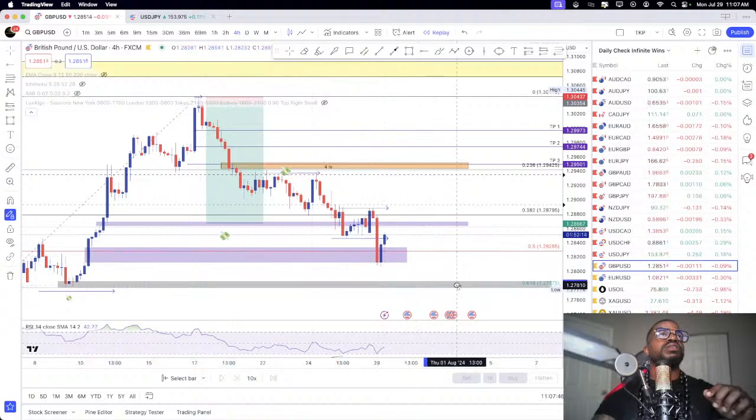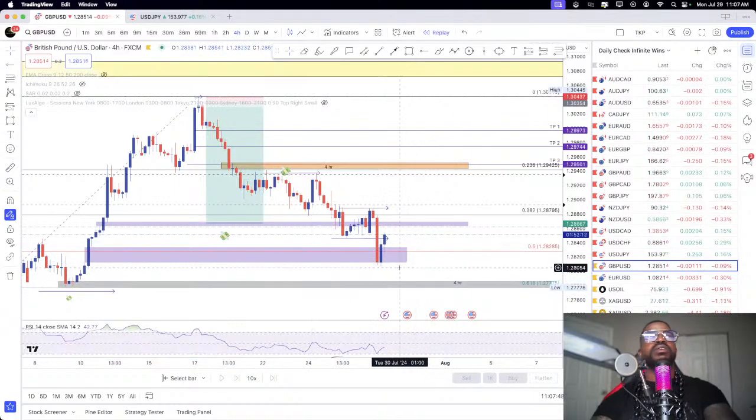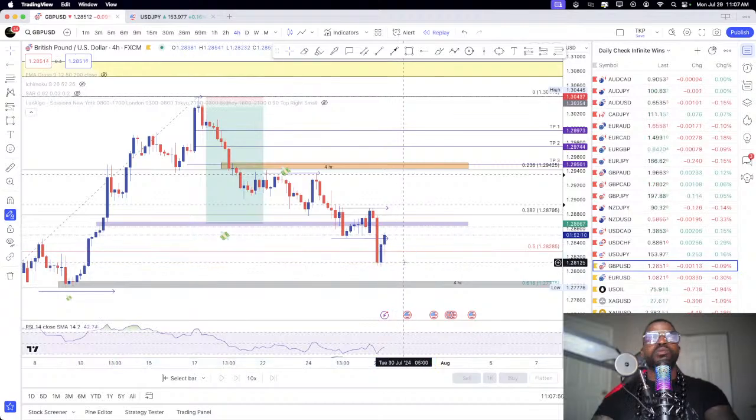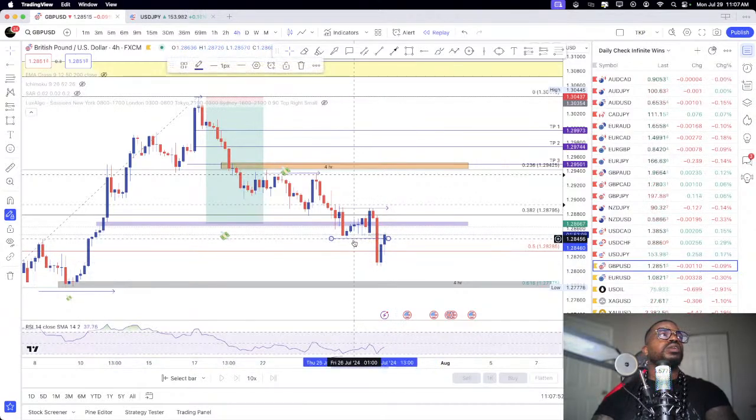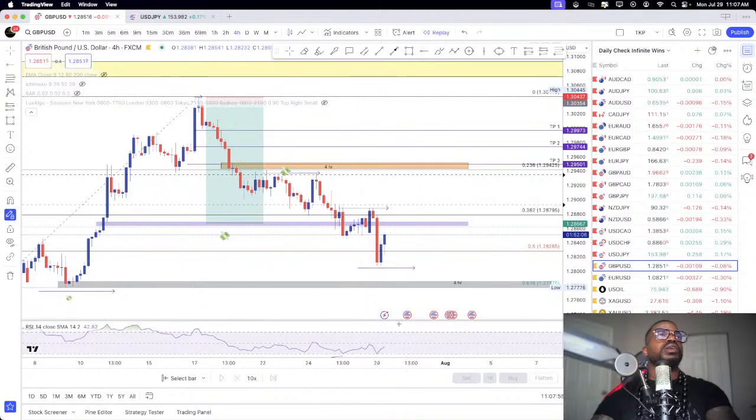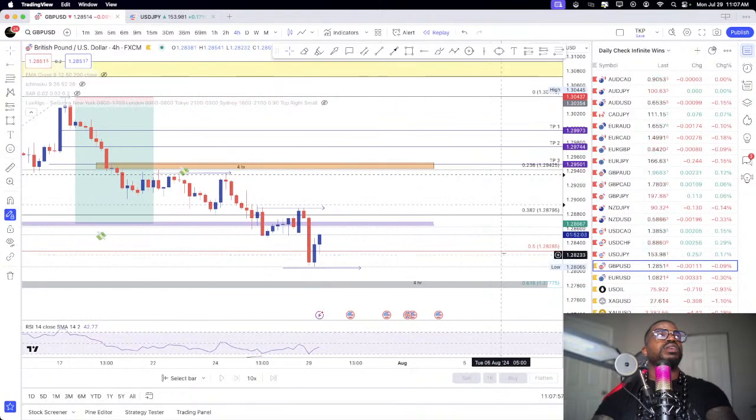So since this area has been played, let's get rid of it. Boom. Right now we want to look for a continuation in this sale.